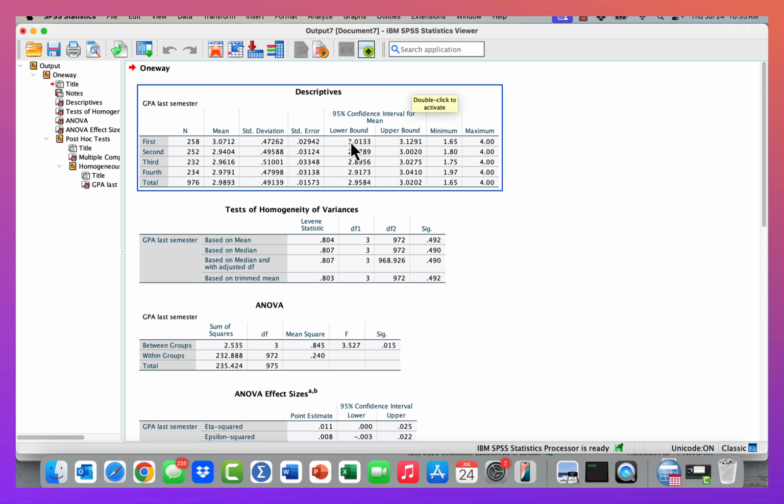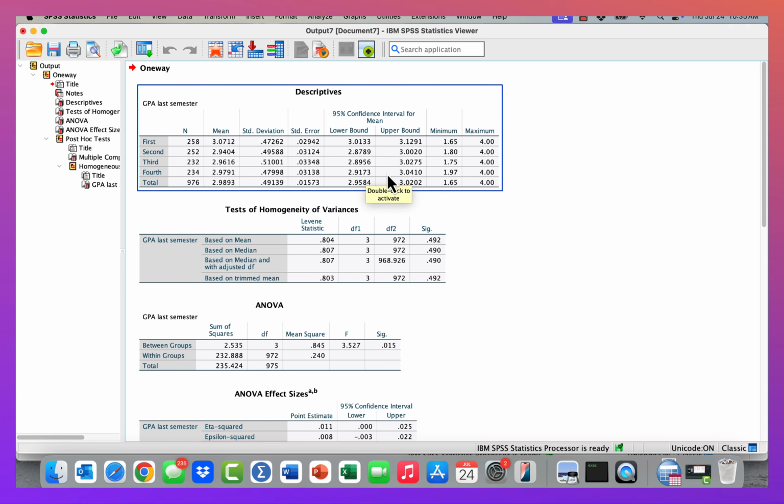For our first year students, the lower bound GPA is 3.01, upper 3.12. If we look down here, for all of these other groups, 2.87 to 3.0. At least for second year students, their upper bound is less than the lower bound for the first year students. So probably that's where there's going to be a significant difference if our F-test indicates.